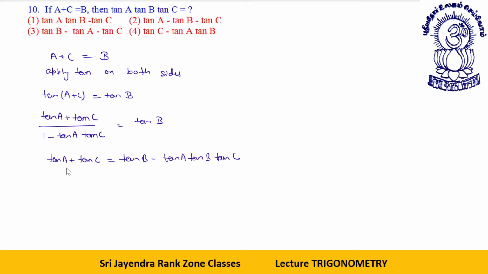So if I take this minus term over here, I'll get tan A into tan B into tan C is equal to tan B minus tan A minus tan C, and this is your answer. Very clear to all of you? Okay. Next.